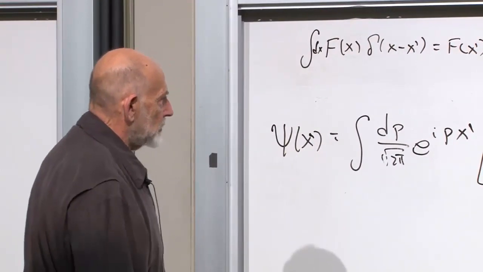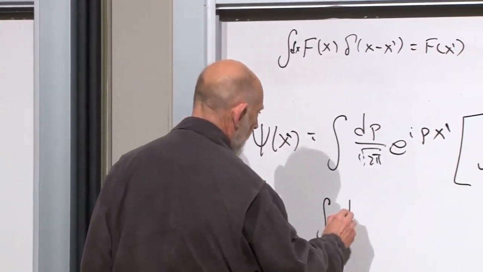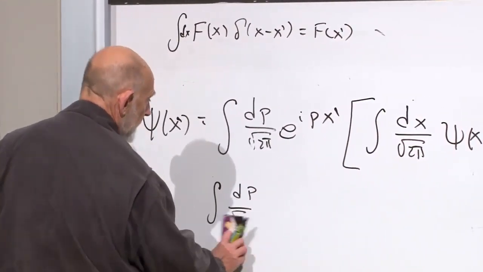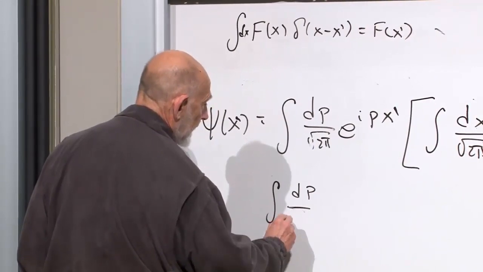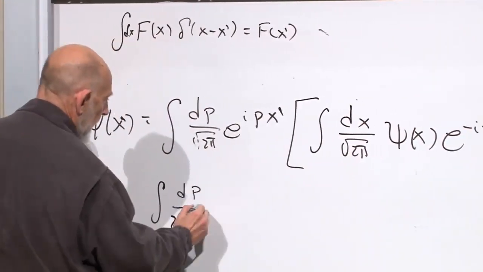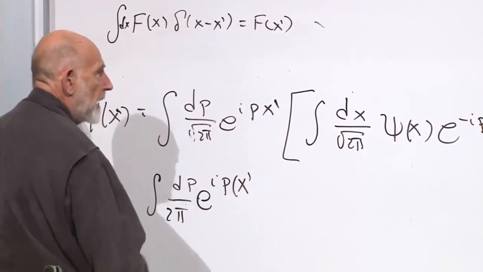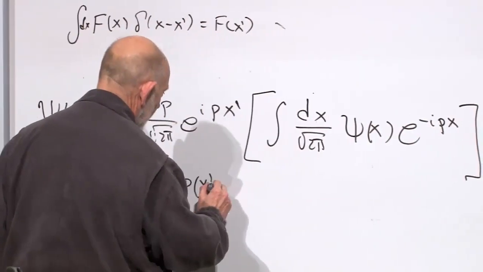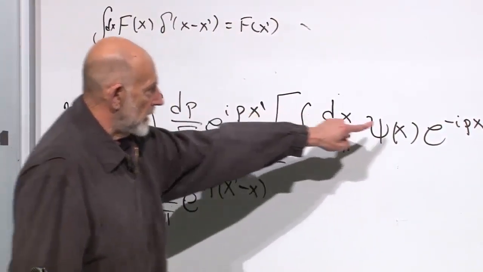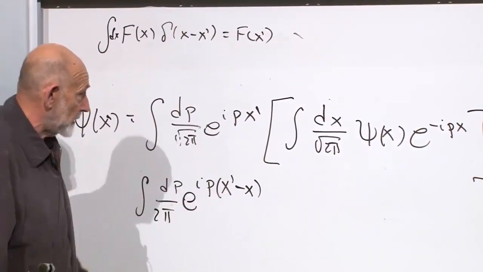So let's isolate some things. Let's put here the integral dp over 2 pi. We now have a single factor of 2 pi, one coming from here, one coming from here. Let's isolate e to the i p x prime minus x from here. We have e to the i p x prime, e to the minus i p x, that's e to the i p times x prime minus x.